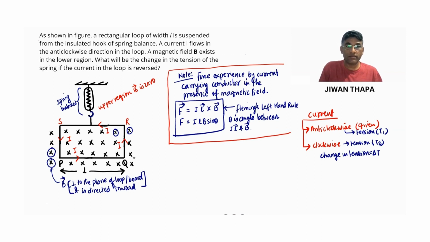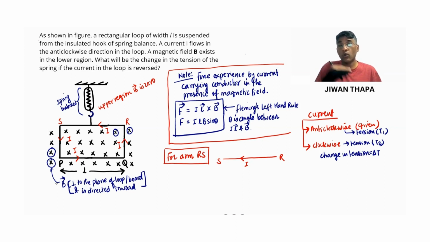Now, let's consider arm RS first. We find current flowing along this direction from R to S. Since the magnetic field is acting only in the lower region, arm RS is not in the presence of a magnetic field, even though it is carrying current.